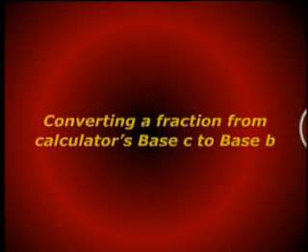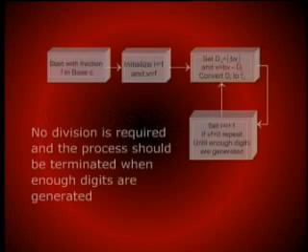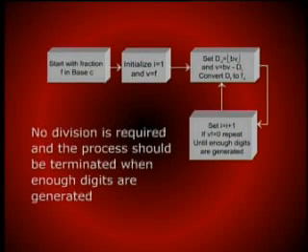The next example considers a conversion from base C to base B, and it goes in the opposite direction. In this case, no division is required, and the process should be terminated when enough digits are generated. We start with fraction value f in base C, initialize I equal to 1, and put the value of v equal to f.